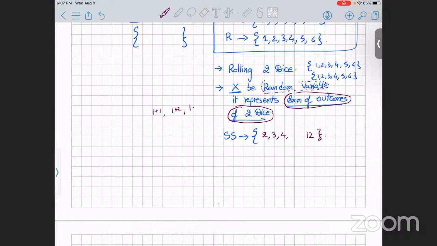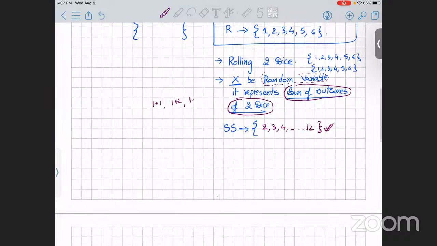Okay, this is the sample space. Are you getting this? Based upon your selection of random variable, you will get this.